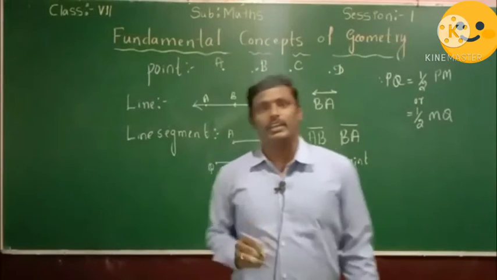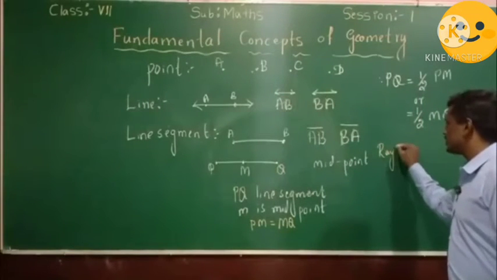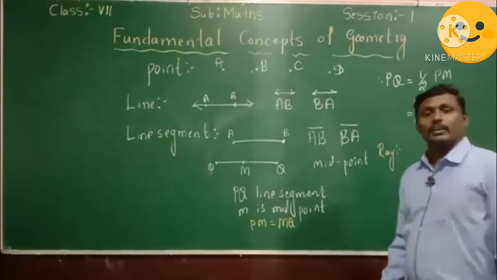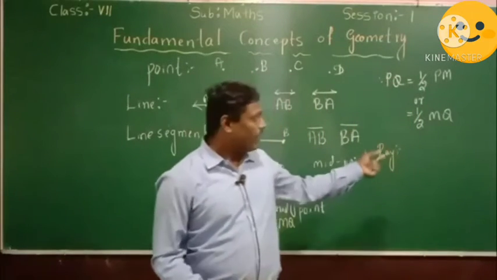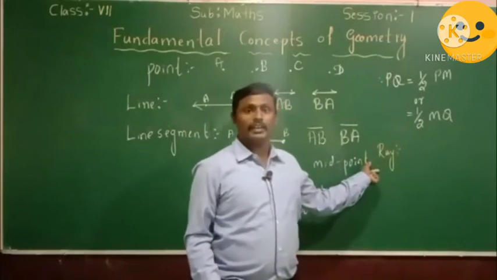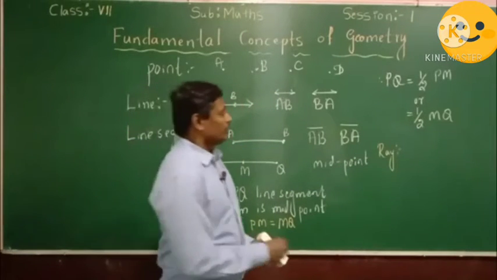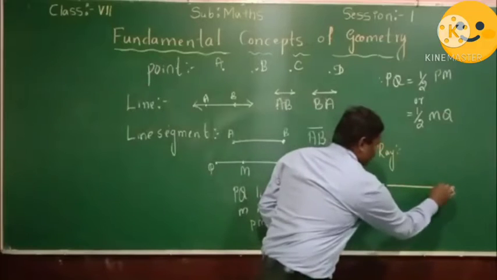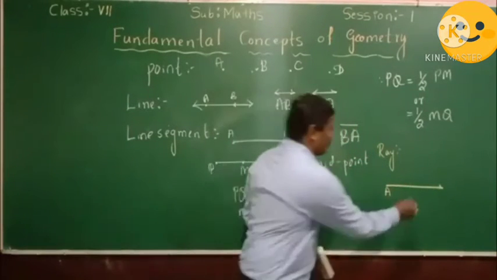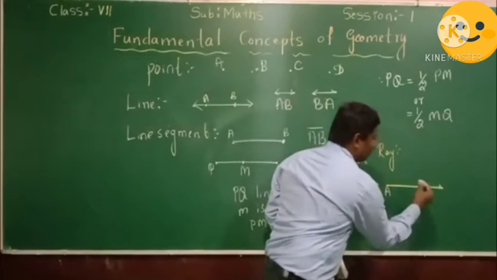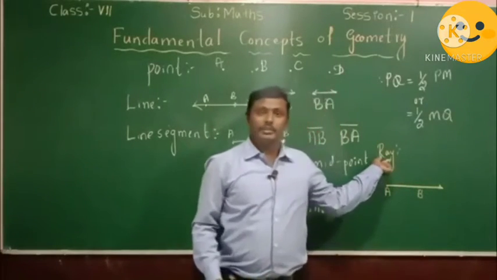The next concept is ray. Ray is also a part of a line. A is the initial point and B is any point on the ray. How can you define the ray?